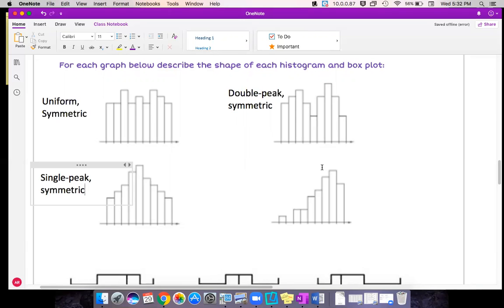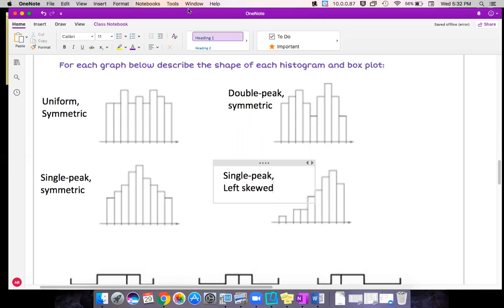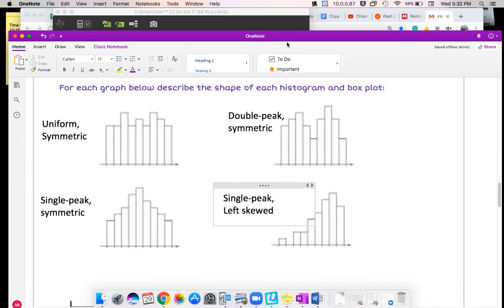And then when you look at this one, it has a single peak, but this one is skewed and this is backwards. So your peak is on the right side. That means this is left skewed. So the data is getting pulled over to the left side. That's why they say that. And then if you wanted to have a different one, let's see if I can draw in here.